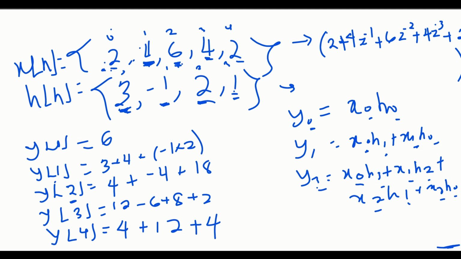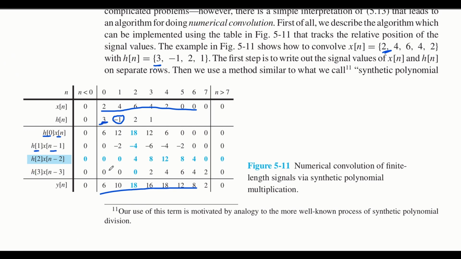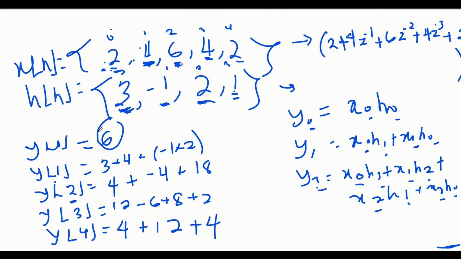Then our y of 0, which is equal to x of 0 times h of 0, becomes 2 times 3, which is 6, right? Remember, in our answers, the first answer was 6. So yes, we've gotten the first answer.